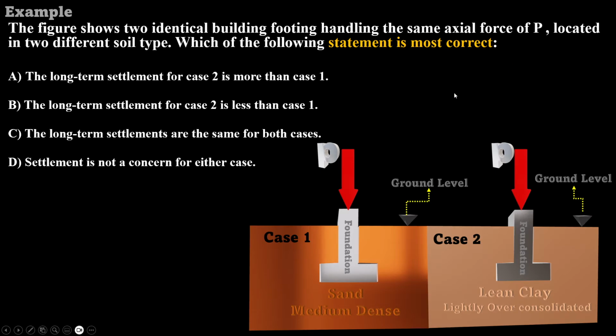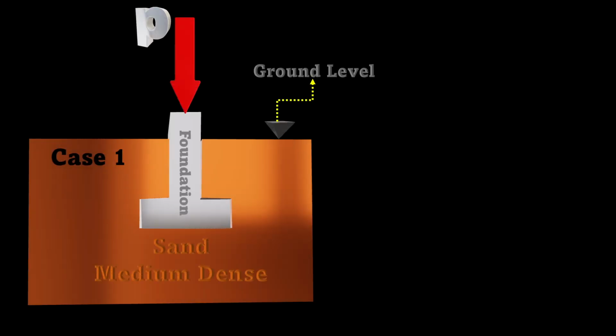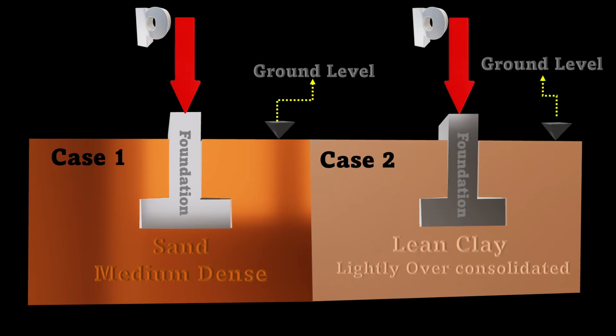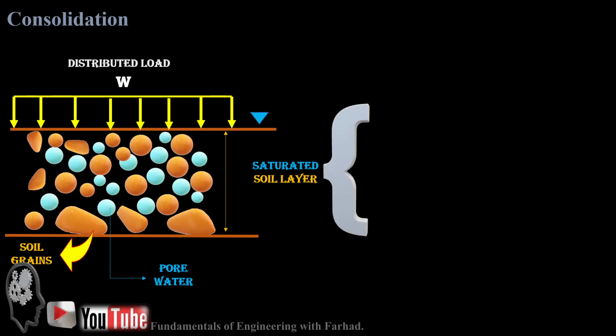In order to observe the settlement behavior of soil, first let's see what the conceptual meaning of consolidation is. So this is our case 1 and case 2, in different soil types.